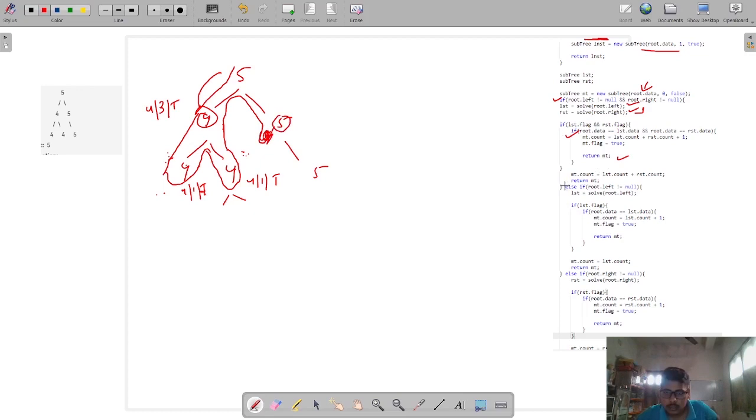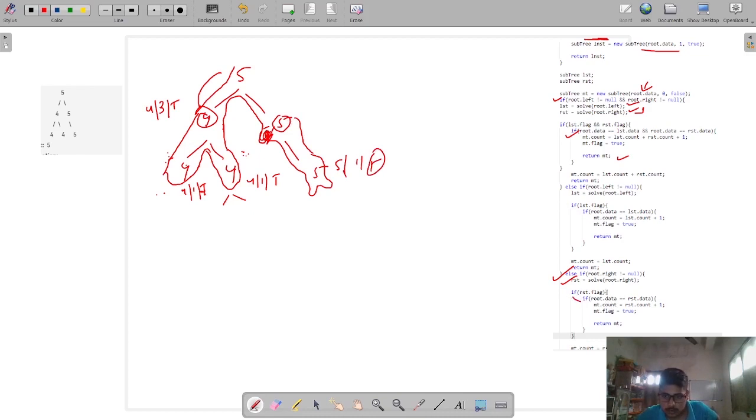So this call will be on, root dot right not equal to null, root dot left here is null, so this call is run. So we go like this, and again we got a leaf node, so it will return 5 1 true. From this call we got 5 1 true, and we check that it is true, right?